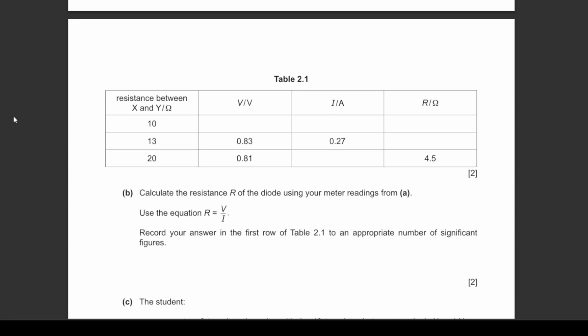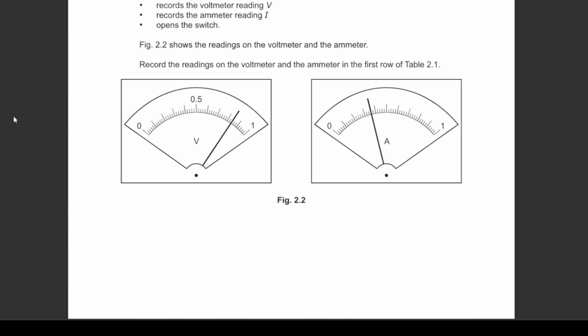So if we go back for the voltmeter, this is going to be 0.84, and this seems to be 0.36. Now, these are 10 divisions, so this should be 0.01, 2, 3, 4, 5, 6, 7, 9, 1. Yep.